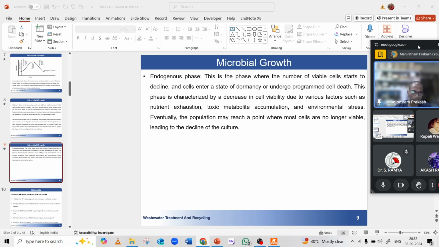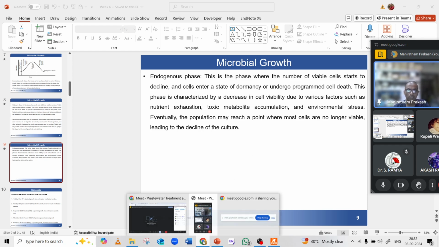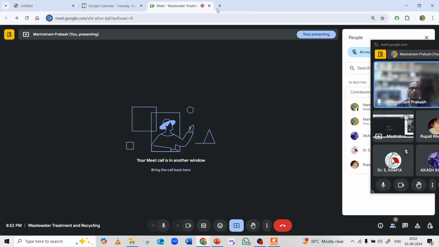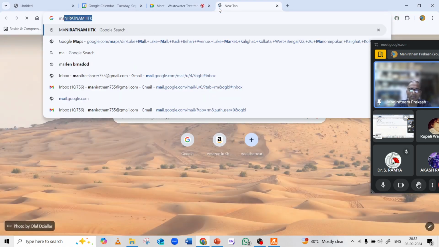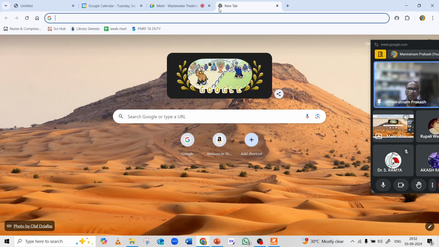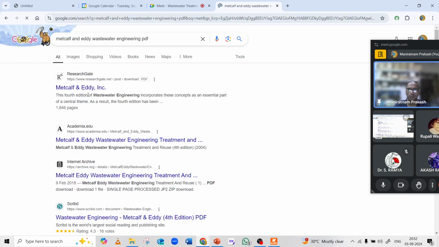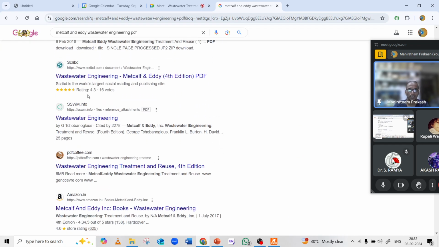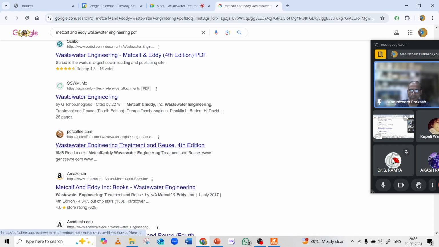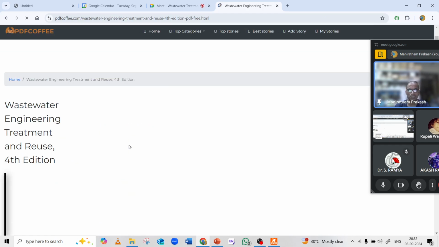Just go through these books for more detail. That is Metcalf and Eddy. Go through this book for more. This book contains a great detail of discussion about this ASP, that is the activated sludge process, and all this.